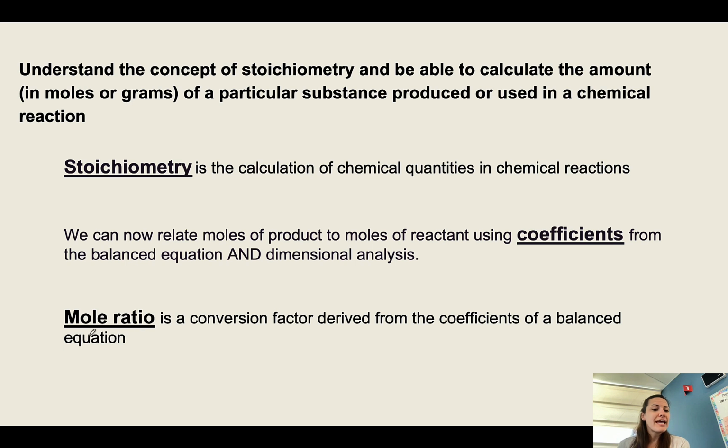What's important is the mole ratios, and the mole ratios are made up from the coefficients of our balanced equation. That is the relationship between one substance and another in a specific balanced equation.